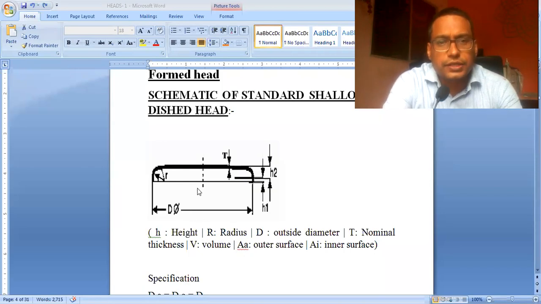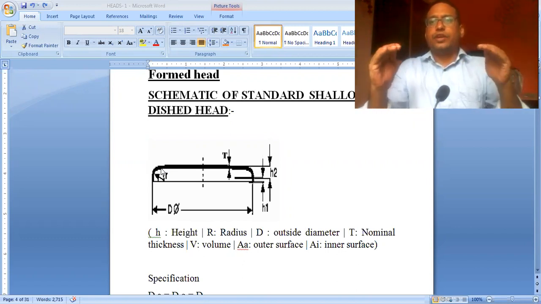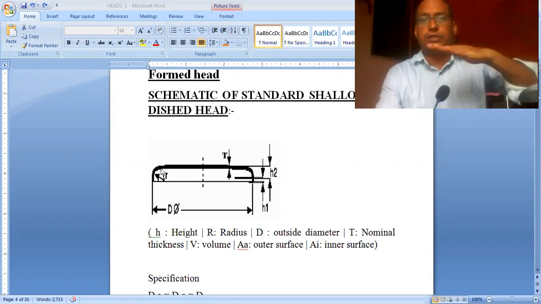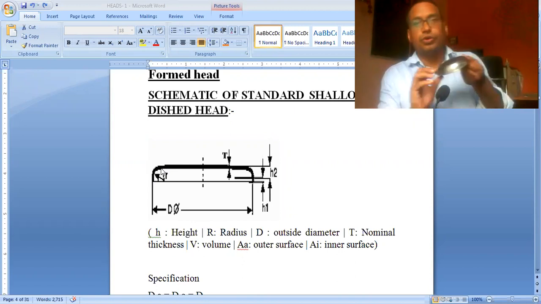Now the formed heads are obtained by giving a certain curvature to the flat plate. That means you have the flat plate, and you are giving a certain curvature at both the ends. So that is going to make a certain curvature at this end, and it will look like this.